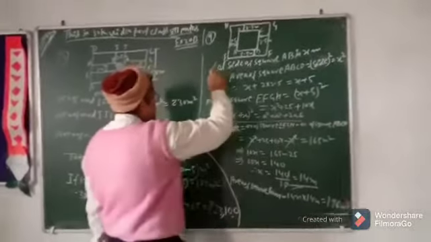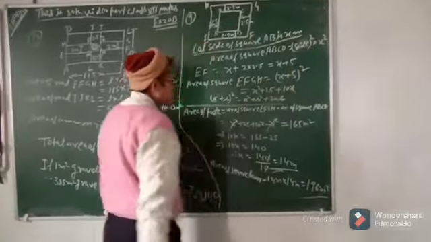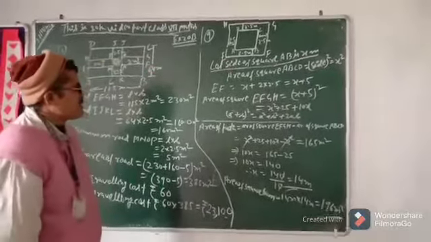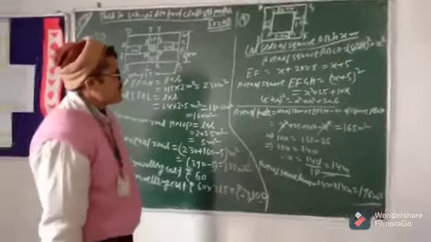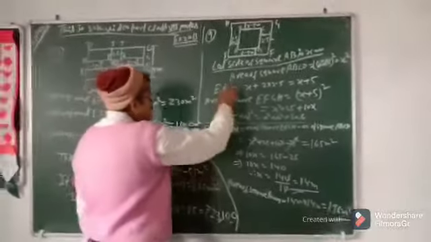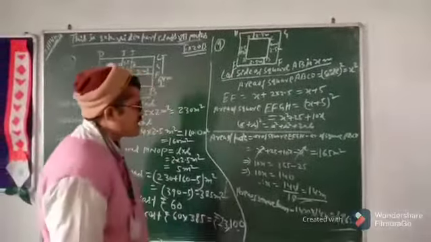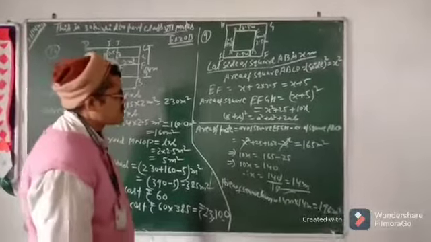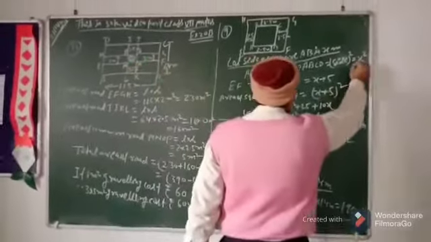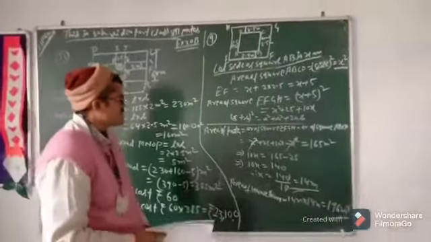Now in this question, the side of square AB is not given, so let the side of square AB be x meter. Now area of square ABCD is side into side, so it is equal to x square. At first we find the area of square ABCD.